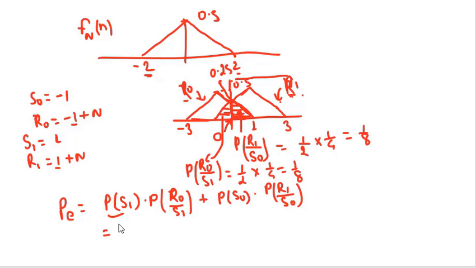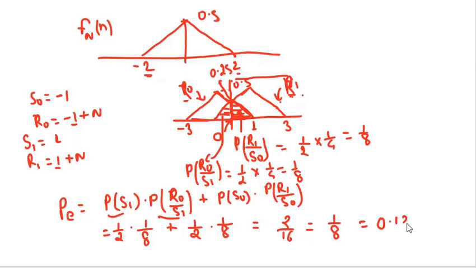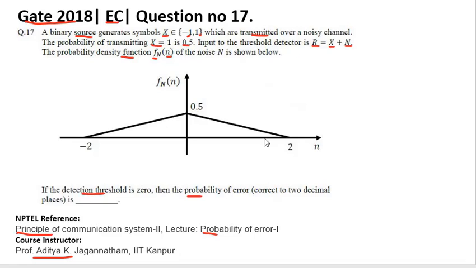So this value is 1 by 2, and this value, as you have calculated, is 1 by 8, the area under this shaded curve. So this is 1 by 2 into 1 by 8 plus 1 by 2 into 1 by 8. So this will give you 2 by 16, which is equal to 1 over 8. So this becomes 0.125. So the correct answer for this question is 0.125.